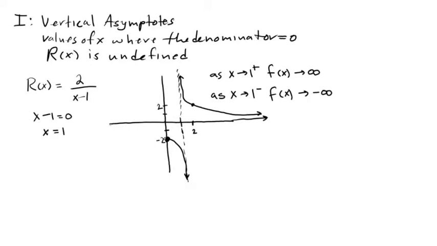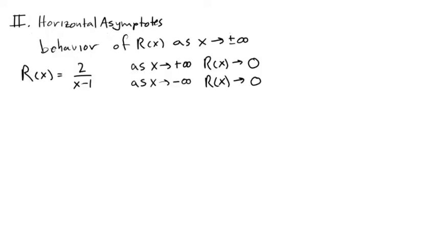And as x gets infinitely large in the negative direction, the same thing happens over here. The function gets closer and closer to 0, but it never actually crosses it. So our horizontal asymptotes, this is a particular case.